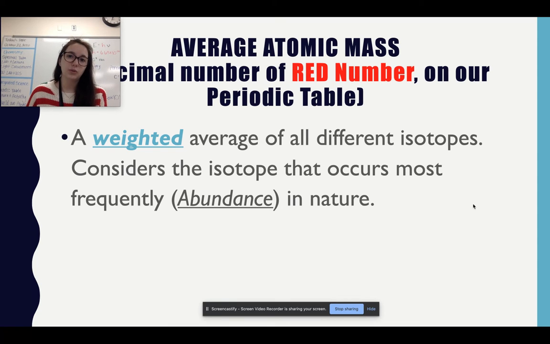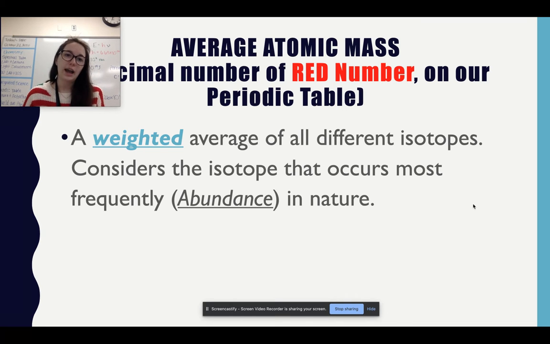And this is the decimal number that's the red number on your periodic table. An average atomic mass is a weighted average of all the different isotopes, and it considers the isotope that occurs the most frequently, or abundance, in nature. So I'm going to use terms like abundance when I talk about these, but when I talk about abundance, I'm talking about how frequent it occurs, so how high the percent is.